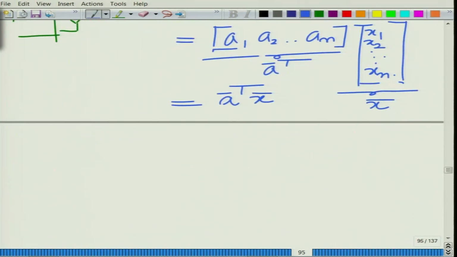So y is given by the linear transformation a bar transpose x bar.